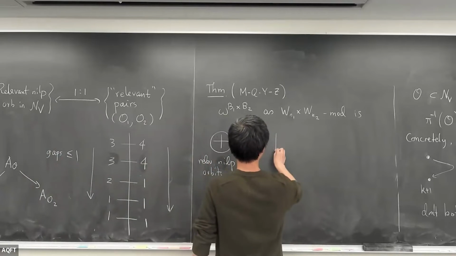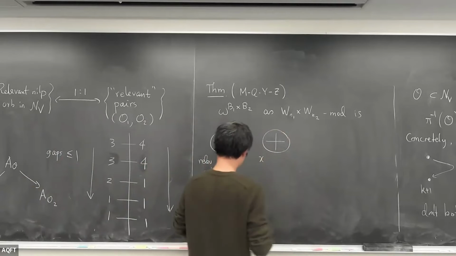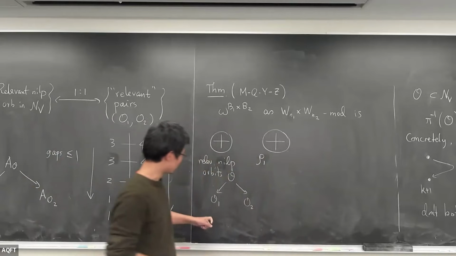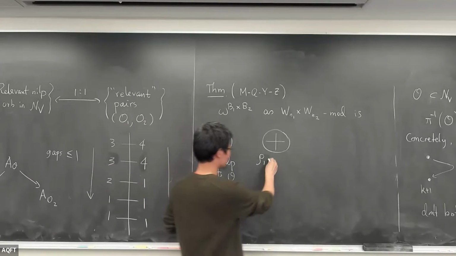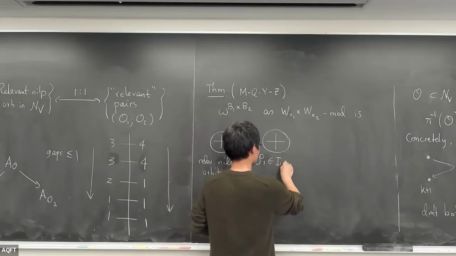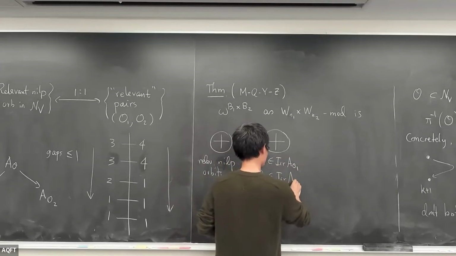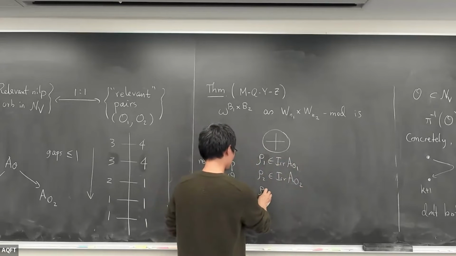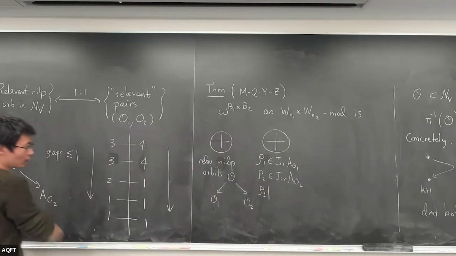And for each of them, I will choose a rho. So remember, in the Springer correspondence, I need a datum of an irreducible representation of A_O1, and of A_O2, such that they have to be compatible in the sense that when I pull back both to A_O, they agree.